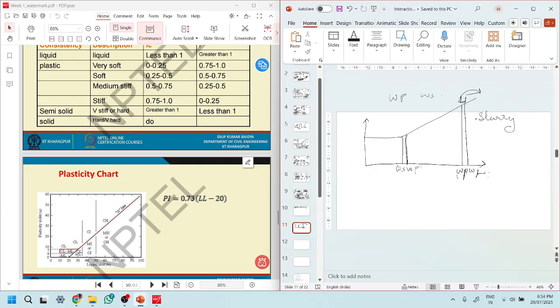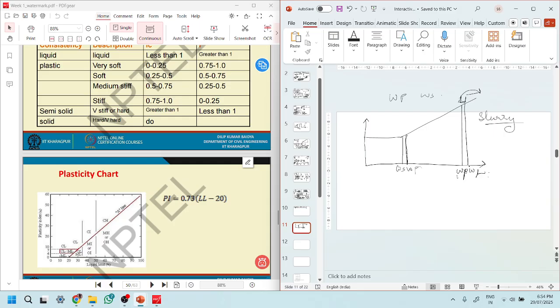You will just go to the slurry and just think about it, that you have added so much water that, if you think about it from the perspective of, let us say, your wheat flour, if you put too much water in it, it will become mushy. You understand that?